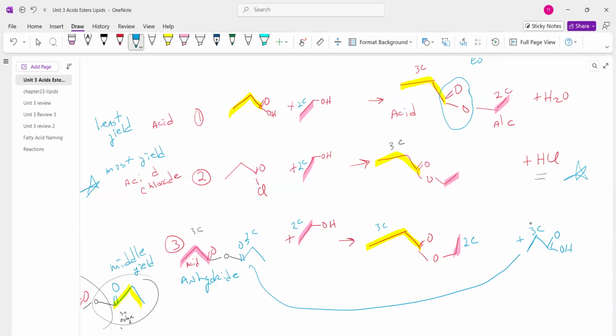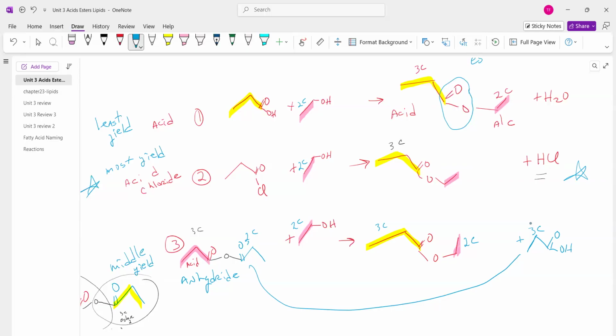You might ask, why wouldn't you always use the one with the most yield, the acid chloride? It's because the shelf life of acid chloride, because it's very unstable, that's why you get a good yield, is very short. So they're very expensive chemicals to buy. The acid part is stable, but you don't get very good yield.